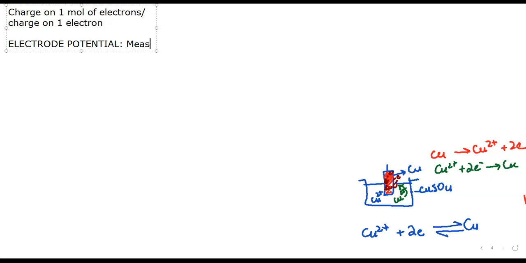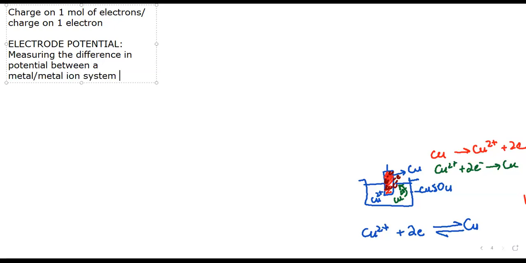I am basically measuring the difference in potential, in terms of voltage, between a metal and metal ion system compared to another system.